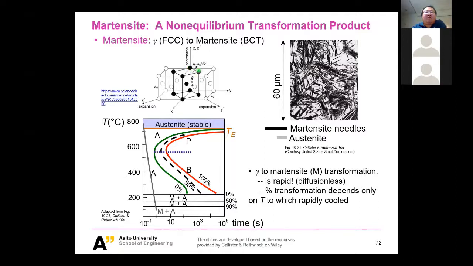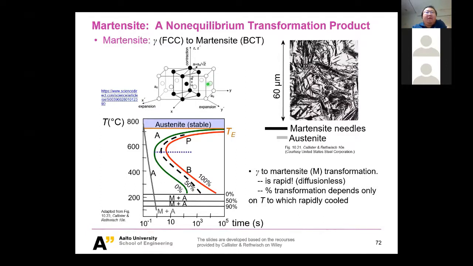If you look at these black ones, this is becoming cube-like. This is not exactly a cube because the height is not equal to the length. That's why it's called tetragonal. But in the center of it, you will use one face atom to become the body center of your BCT, of this tetragonal structure. So this is the so-called BCT, and this is basically the crystal structure of martensite.